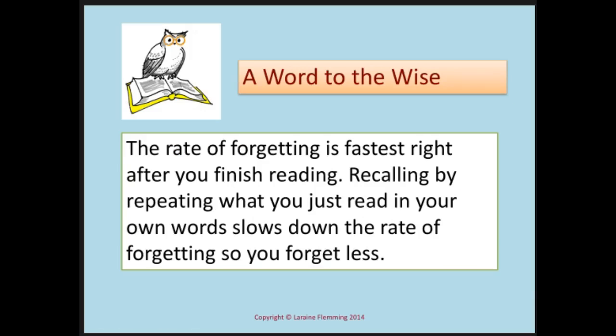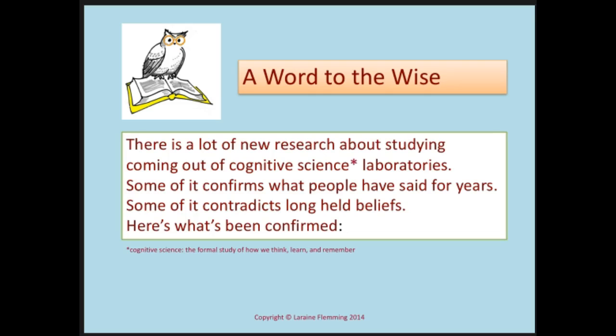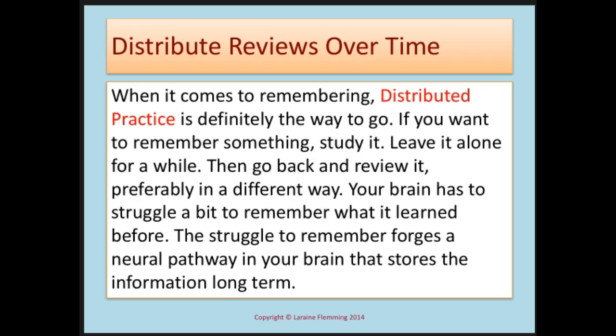And the reason that you want to do this recall is the rate of forgetting is the fastest right after you finish reading. And by recalling or repeating, it really slows down that rate of forgetting. Now here's some interesting research that's been done, and it really challenges some things that we used to think about the way the brain works and about the way memories are created.